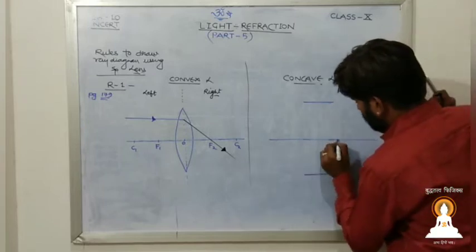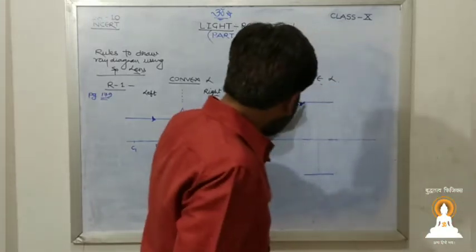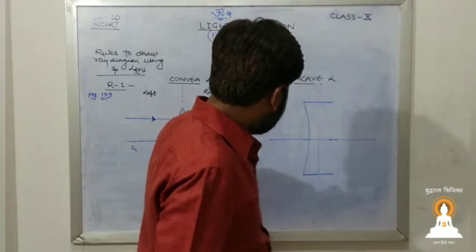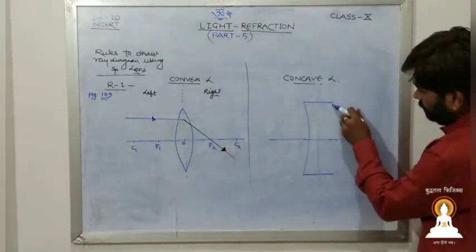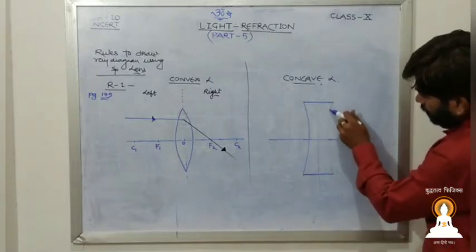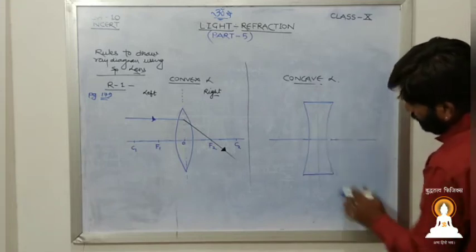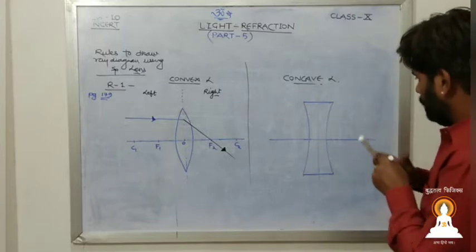Then what you have to do is make a curve from this side, and make a curve from this side as well. Almost okay. Now this is your concave lens.